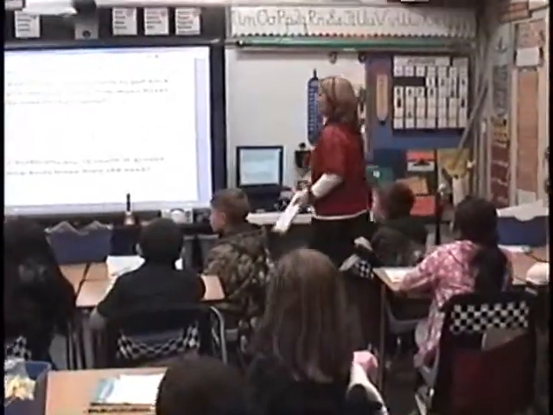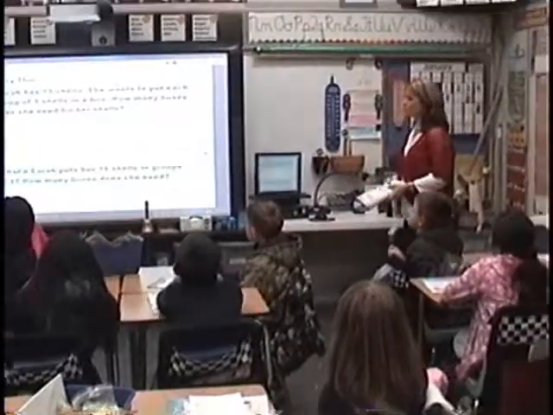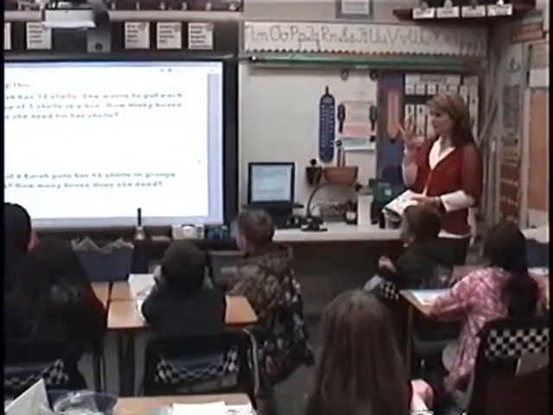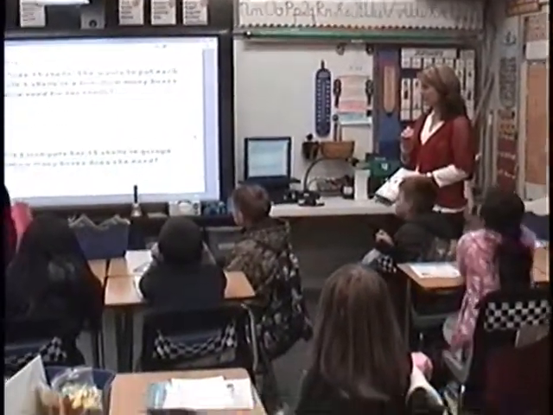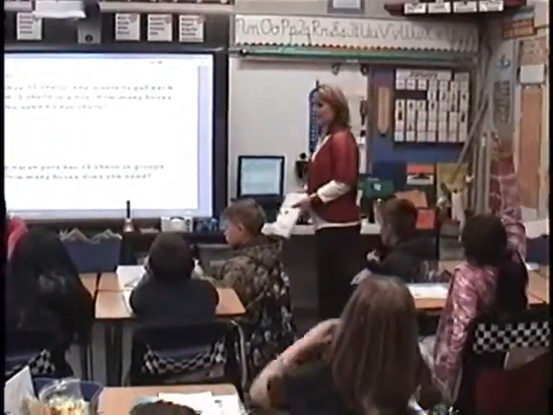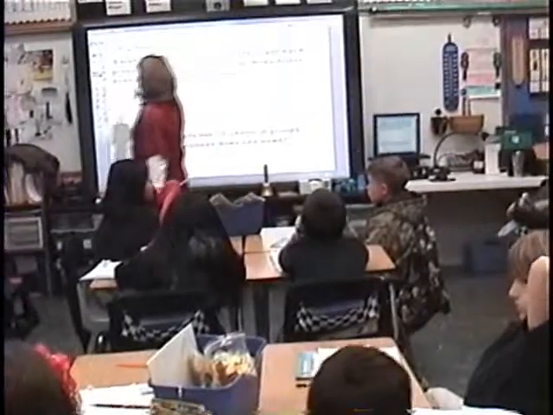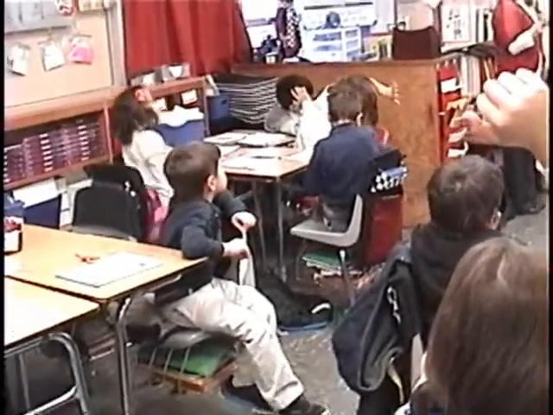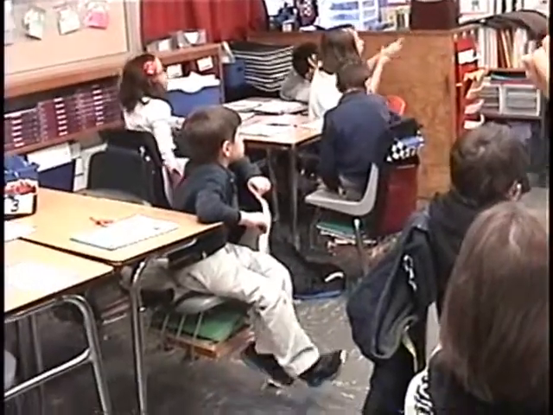All right. She has 15 shells. She wants to put each group of 5 shells in a box. How many boxes does she need for her shells? So let's unlock this problem. What do I need to do? Underline 15 shells.